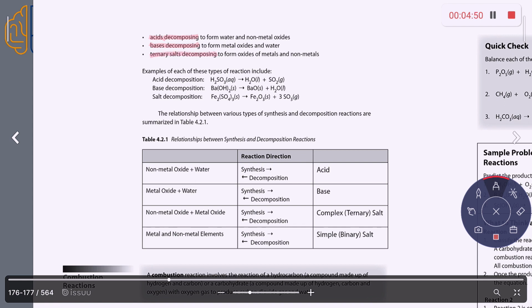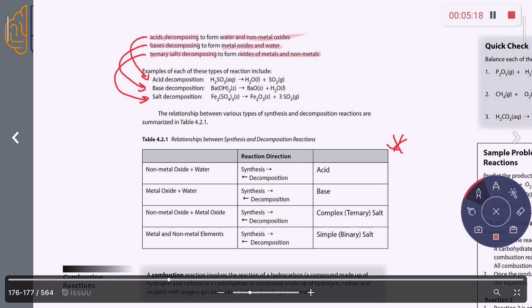So you've got acids decomposing to form water and a non-metal oxide, bases decomposing to form a metal oxide and water, salt decomposing to form an oxide of metal and a non-metal. All of these examples are here. Here's the acid decomposition, the base, and the salt decomposition. All of these reactions are outlined in this table. So I would just know the table for sure.